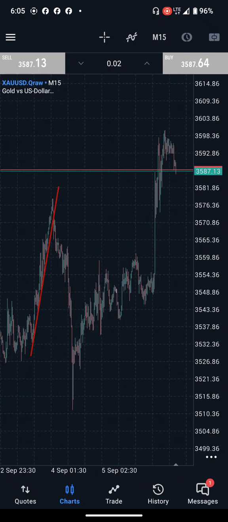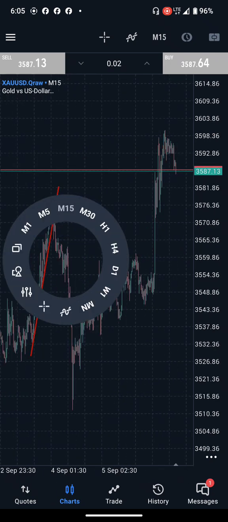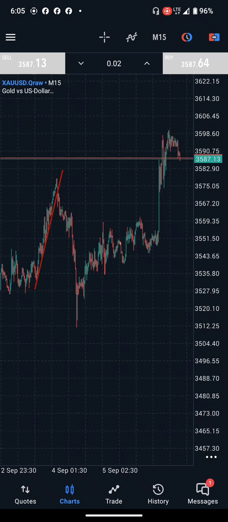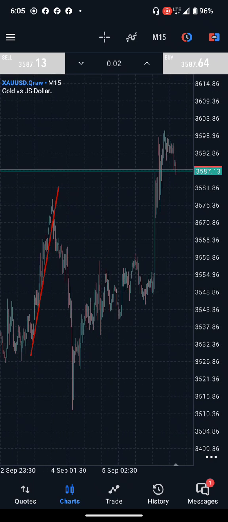It did that almost five times before the market finally broke this zone. And when it broke out, it was almost more than 200 pips, due to the NFP news that happened on Friday.